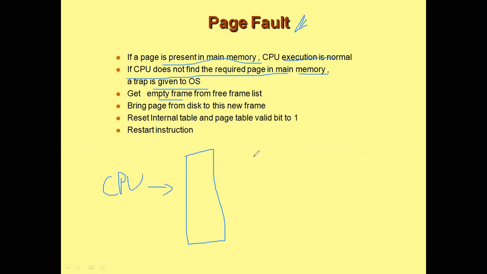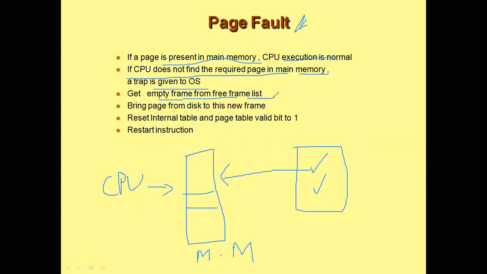This page will definitely be in the disk. To bring this page into the main memory or the physical memory, we need to find a free frame. Only then can we get this page onto the main memory. So we have to get an empty frame from the free frame list, then bring the page from the disk to the new frame here.